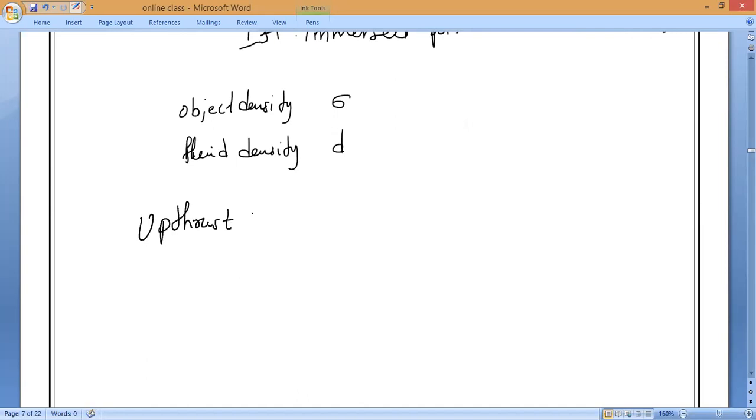Upthrust is equal to the density of the liquid into the volume of the liquid displaced by the immersed or submerged part of the body into acceleration due to gravity. Is it yes or no, guys? Yes, sir. The volume of the liquid displaced is V1.